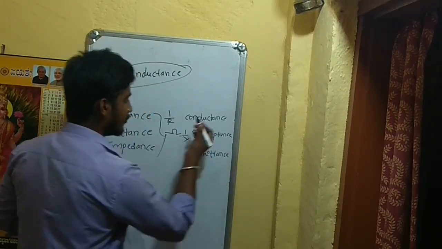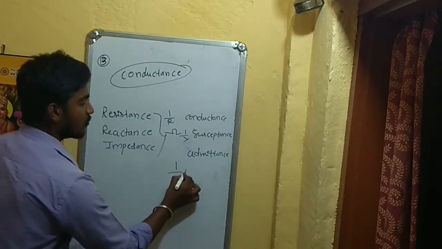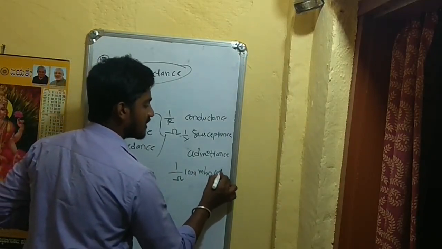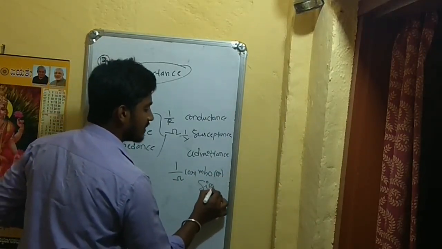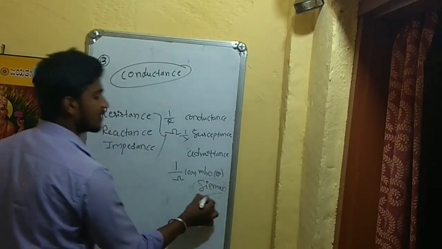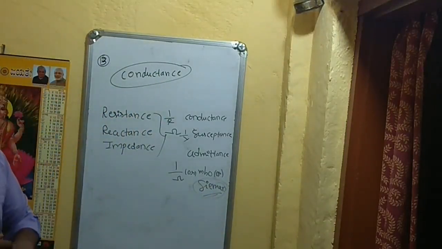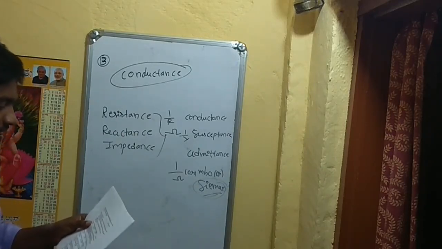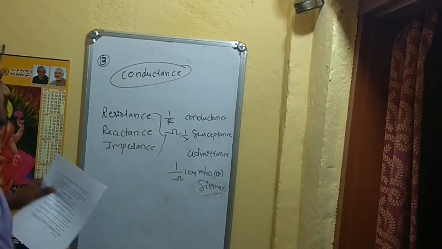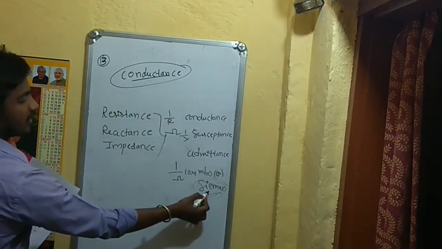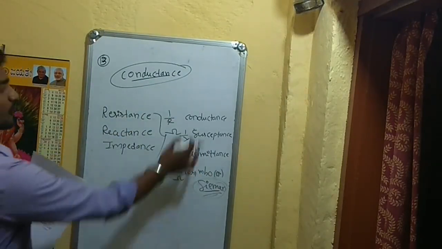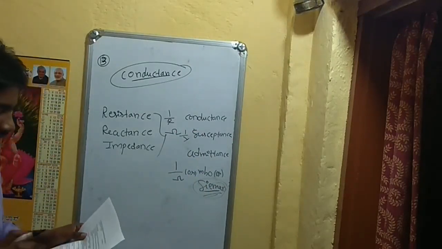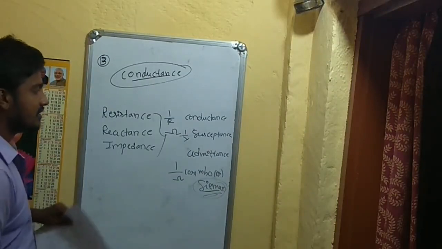For these three, unit will be 1 by ohm or mho, or standard unit will be Siemens. So, what is the unit of measurement of electrical conductance? The unit of measurement of electrical conductance will be Siemens. For these three, it will be Siemens, mho or 1 by ohm. 1 by ohm is also a right answer, but standard unit will be Siemens.